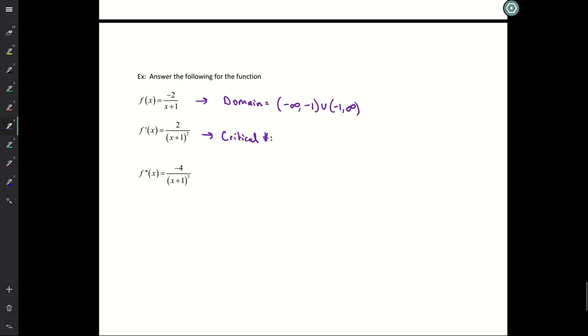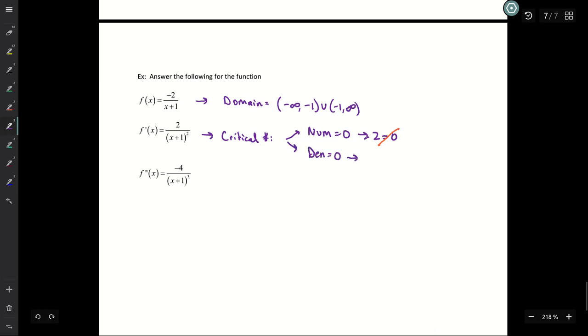So critical numbers in this situation would be where the derivative is undefined, which is going to be where the denominator is 0. So on this one, we split off and say, where's the numerator equal to 0? Well, that would be when 2 is equal to 0, and that doesn't make any sense. So the other critical numbers would be found by saying, where is the denominator 0?